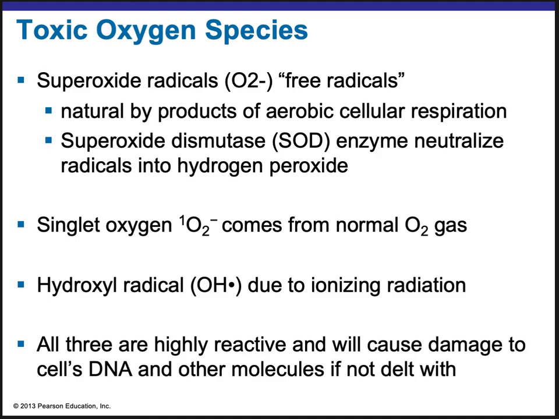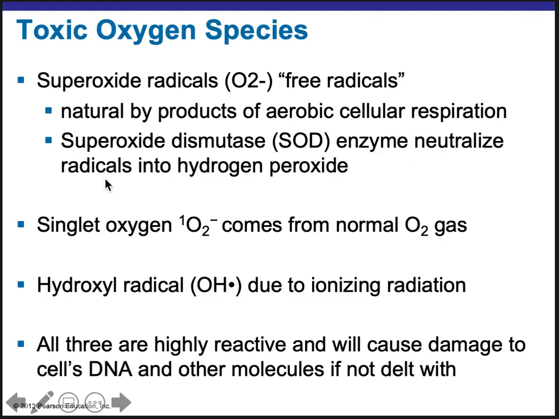Antioxidants indeed are molecules like vitamin C and vitamin E that can take on that extra electron and stop that chain reaction. It ends it. But we also have enzymes called superoxide dismutase, abbreviated SOD, which are very effective for dealing with these free radicals during cellular respiration.